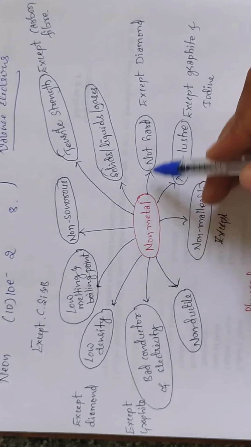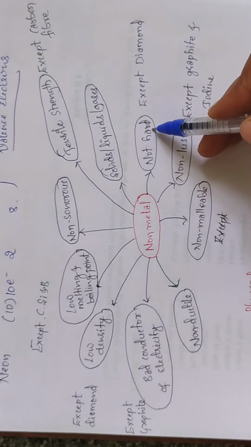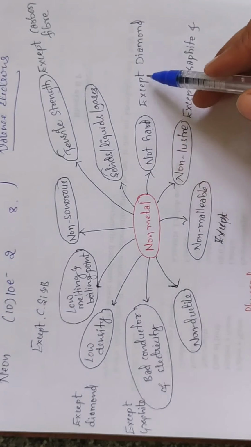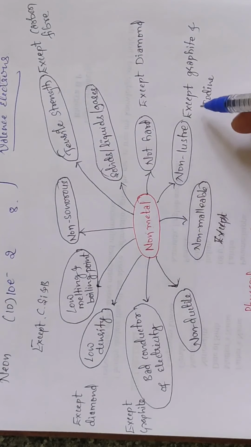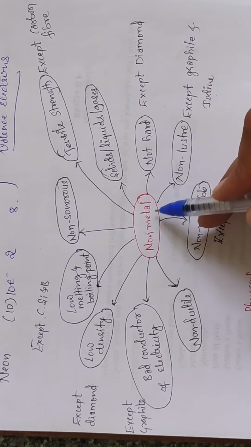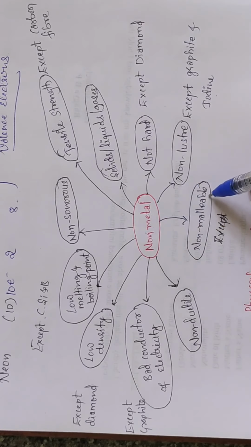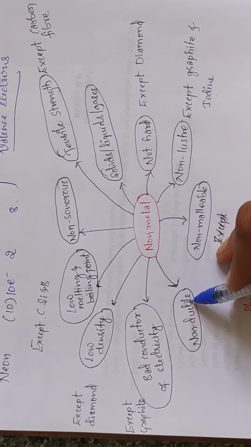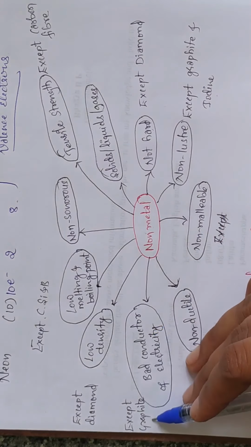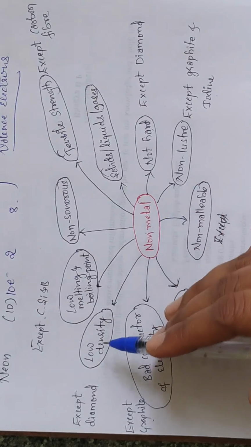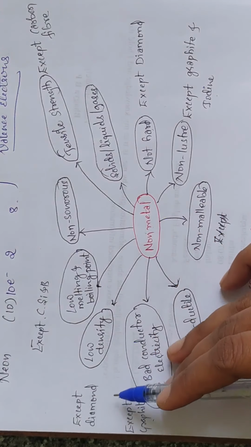These non-metals are not hard, they are soft except diamond, and they are non-lustrous except graphite and iodine. These non-metals are non-malleable and non-ductile. They are bad conductors of electricity except graphite, and they have low density except diamond.